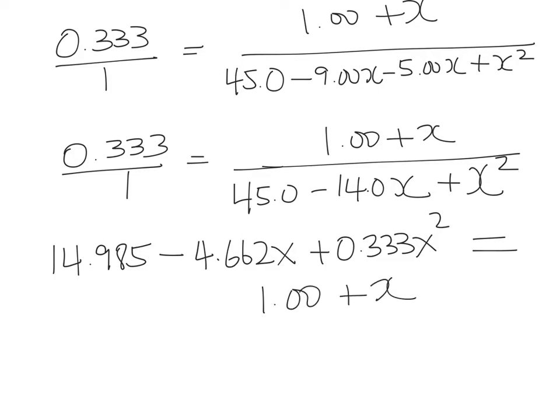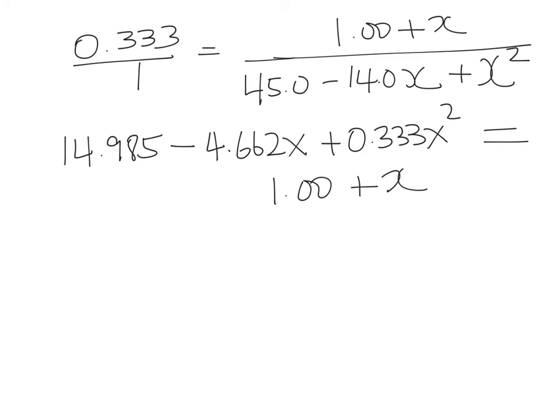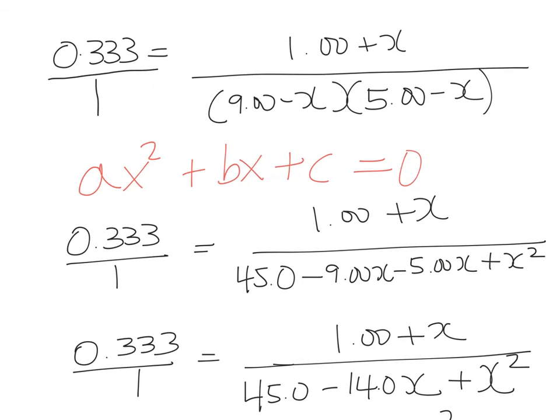And now what I need to do is collect all my like terms and put this quadratic equation into standard form. Now let's go back and remember the standard form. So this is the standard form of the equation.